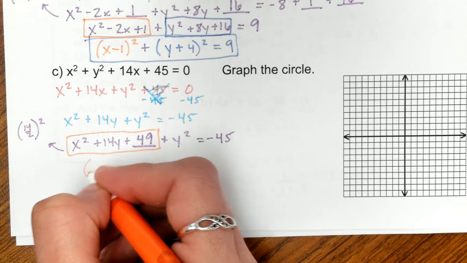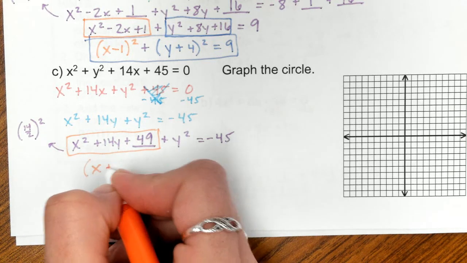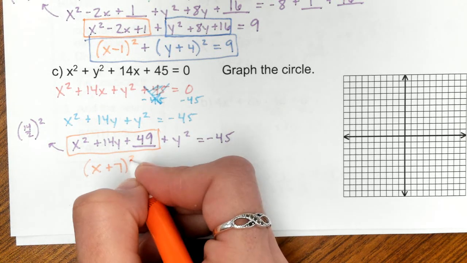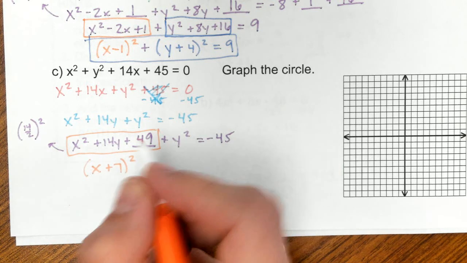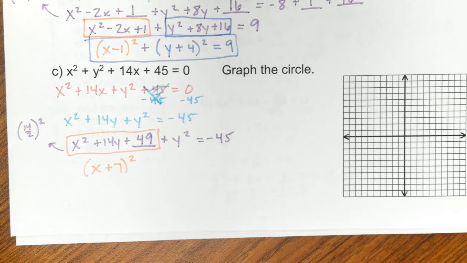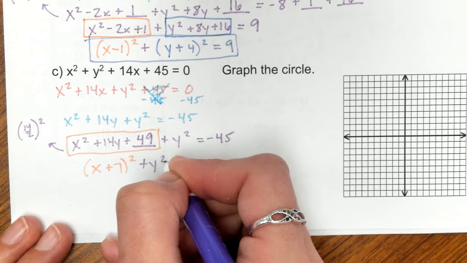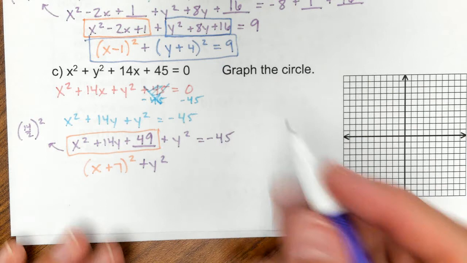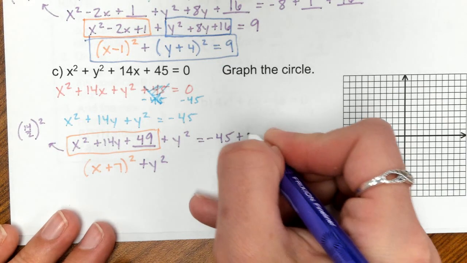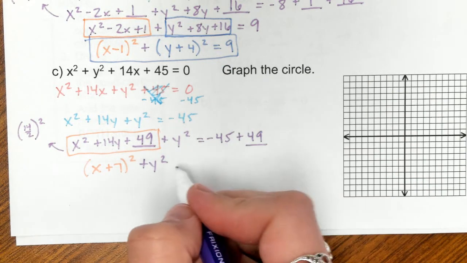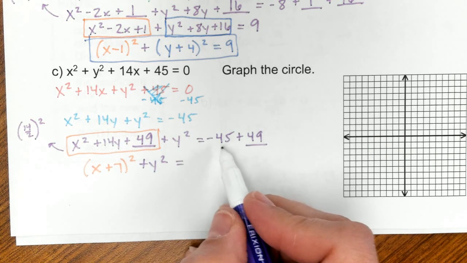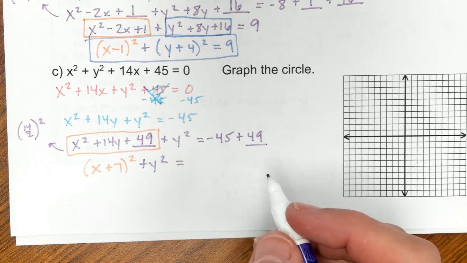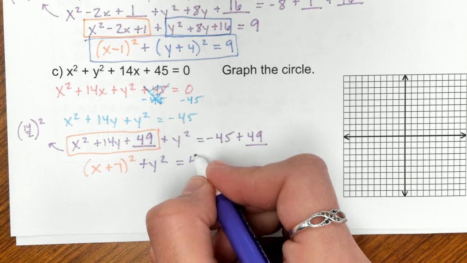So we wind up with x, and they're both positive, plus 7 squared, and we just have a plus y squared. There's no factoring that. Oh, we forgot to add the 49 over here. Whoopsie. There we go. All equal to negative 45 plus 49, and we wind up with a positive 4.